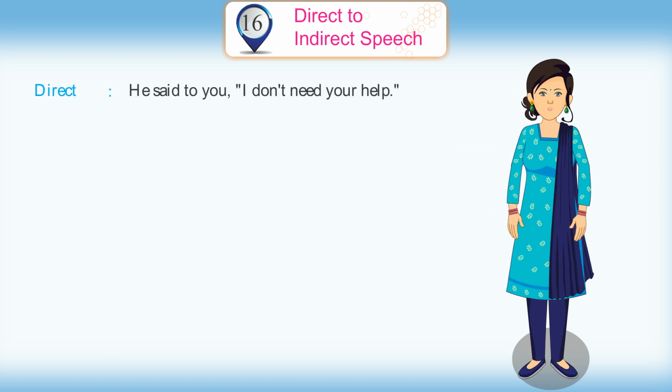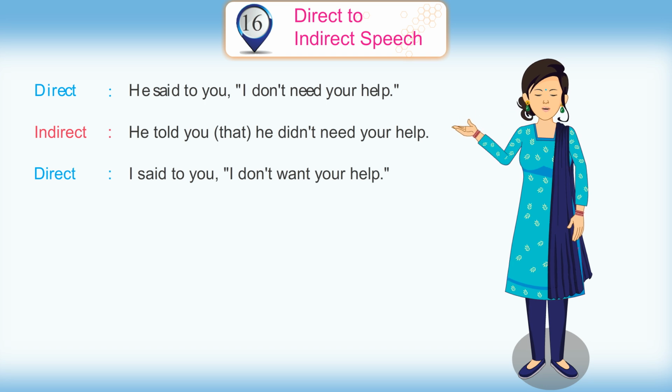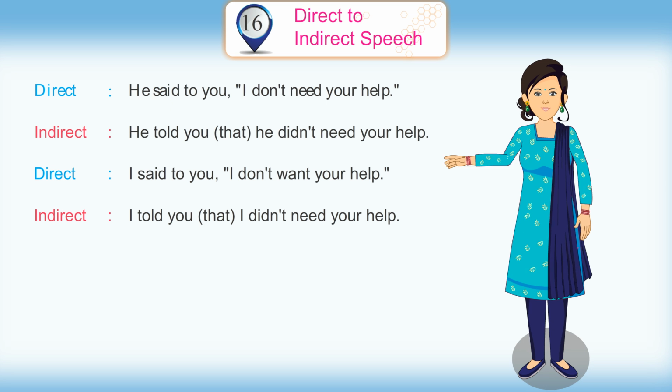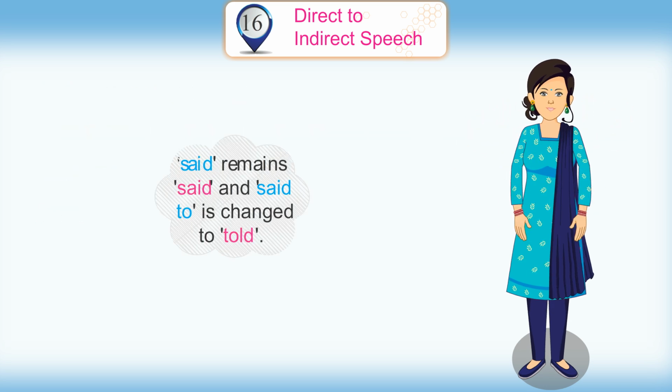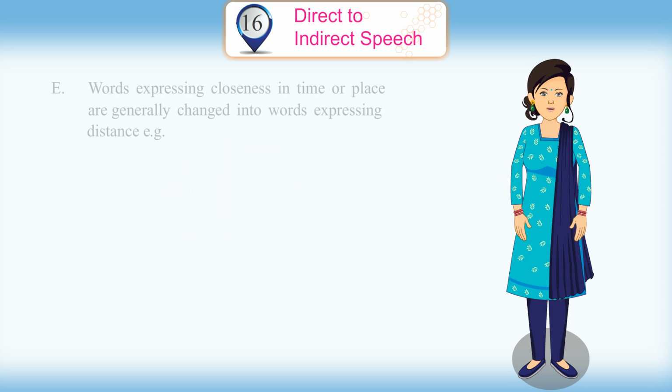For example, direct. He said to you, I don't need your help. Indirect. He told you that he didn't need your help. Direct. I said to you, I don't want your help. Indirect. I told you that I didn't need your help. Said remains said and said to is changed to told.